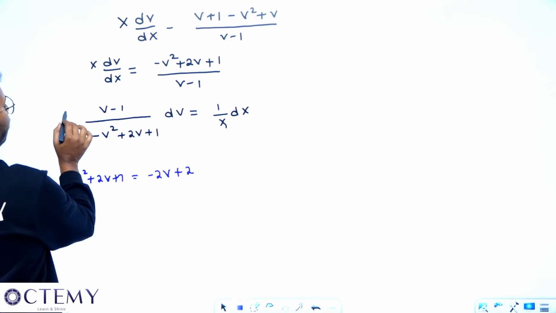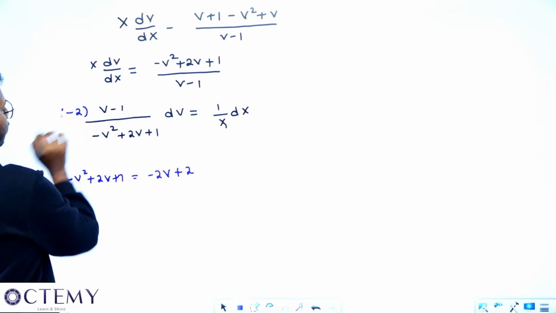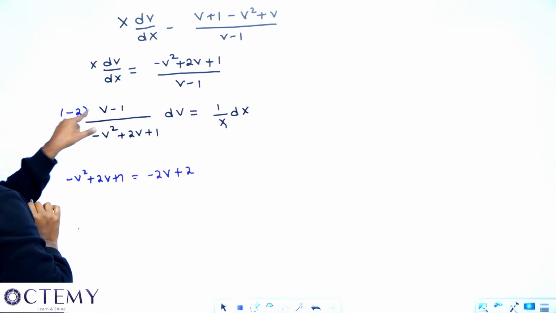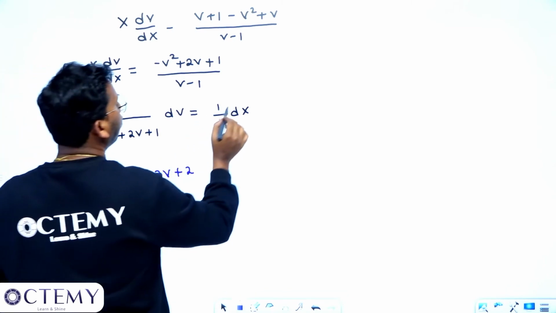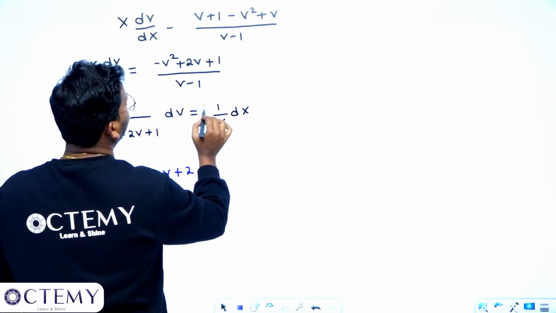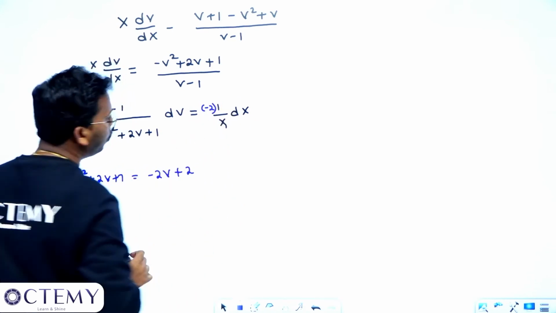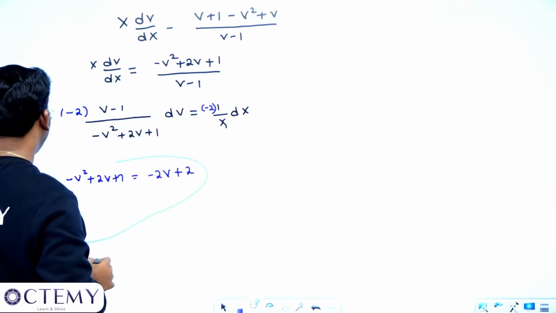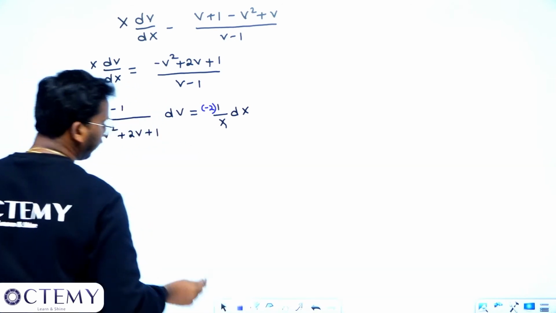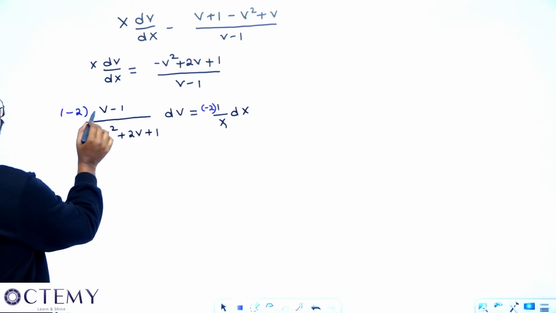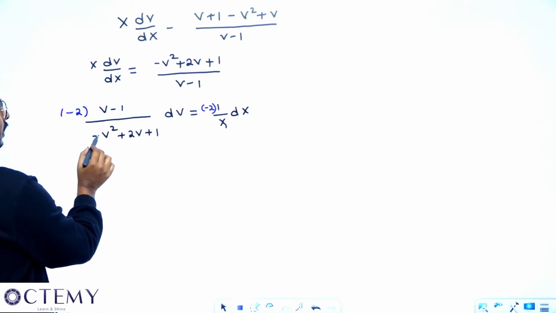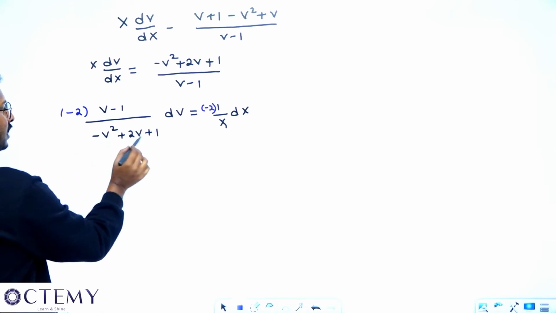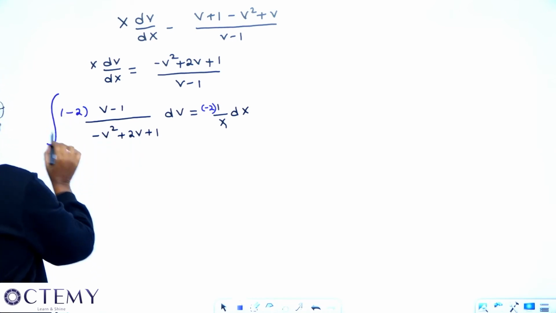So if I multiply with minus 2 here, I get -2v + 2. So here also I'll have to multiply with minus 2, because you have to do it on both sides, right? So once you have done this, now it is clear that the numerator will become -2v + 2. That is the differentiation of the denominator. So now let us integrate this.